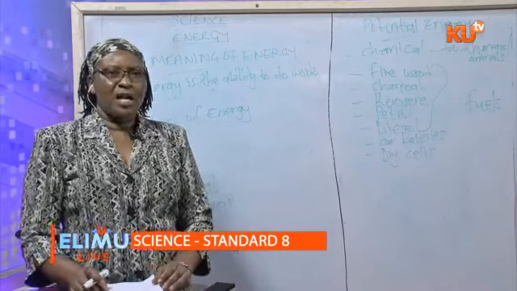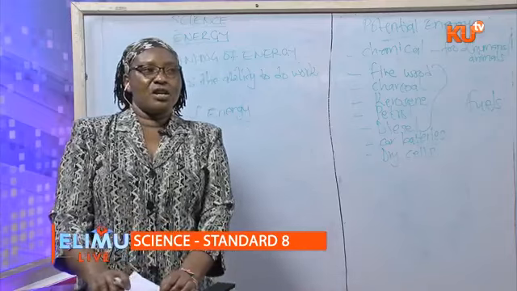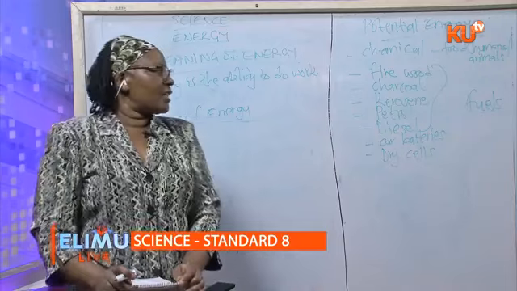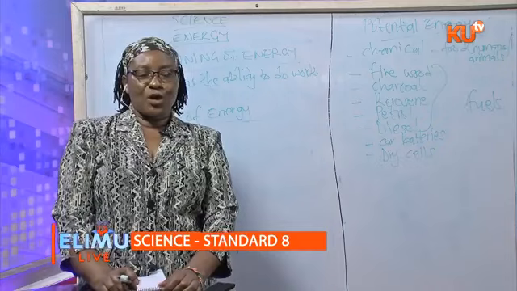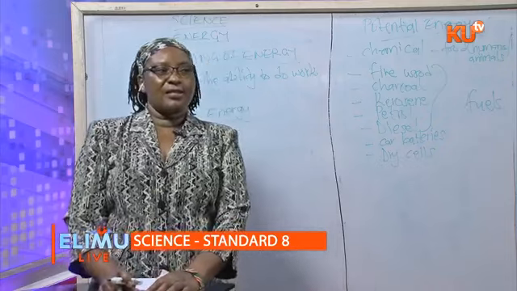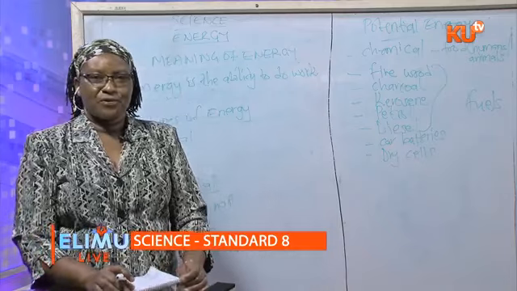activities. Now, sometimes you eat too much. When we eat excess food, we use the one that we require, but you also find that the excess food will also be turned into excess chemical energy. This excess chemical energy is not used, so it's better you eat just enough food for yourself.